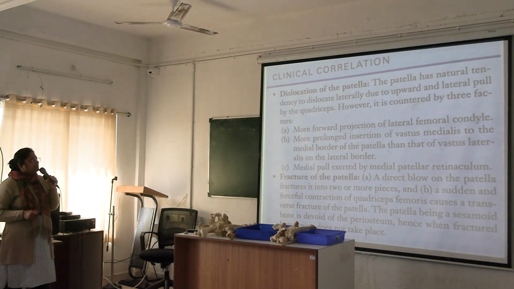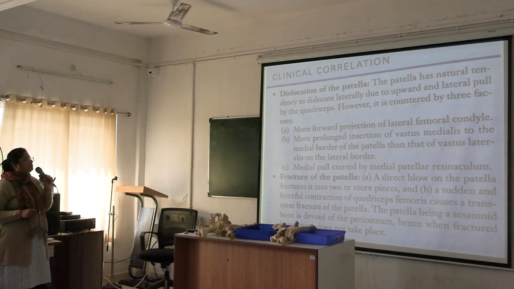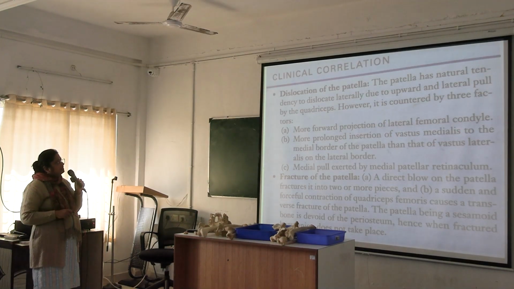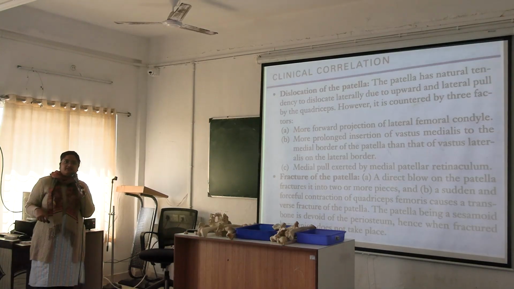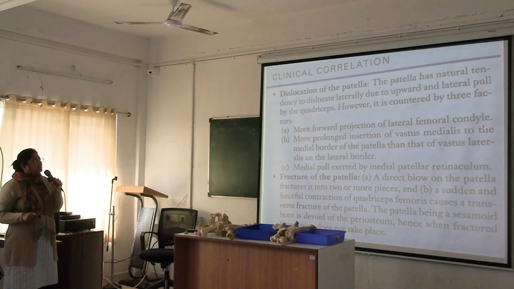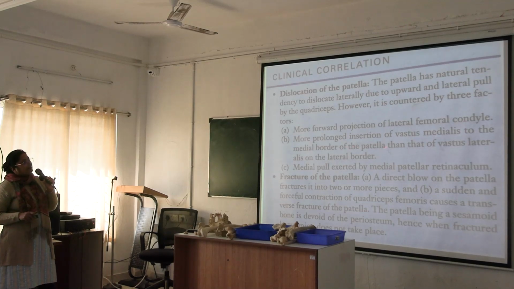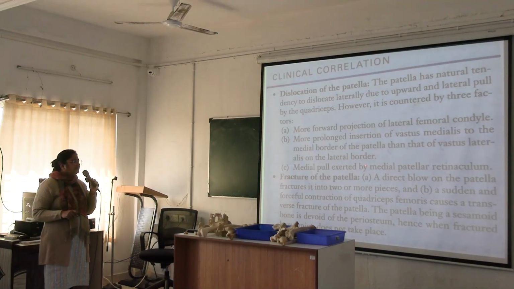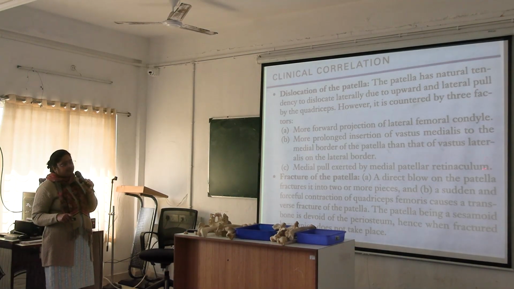However, it is countered by 3 factors: more forward projection of the lateral femoral condyle, more prolonged insertion of vastus medialis to the medial border of the patella than that of vastus lateralis on the lateral border, and medial pull exerted by the medial patellar retinaculum. These factors prevent dislocation.